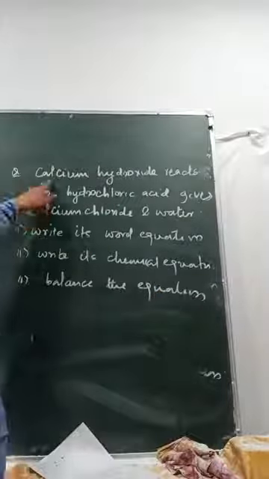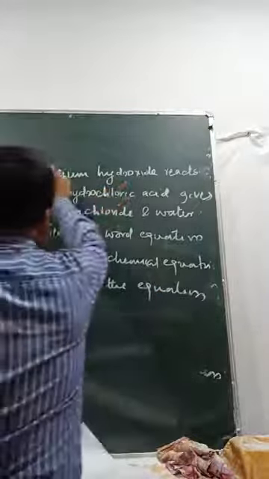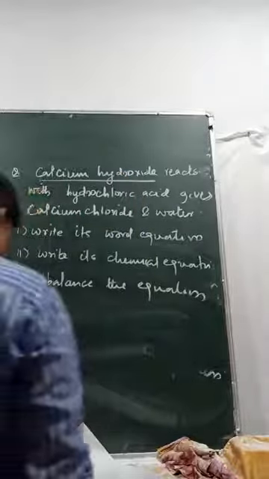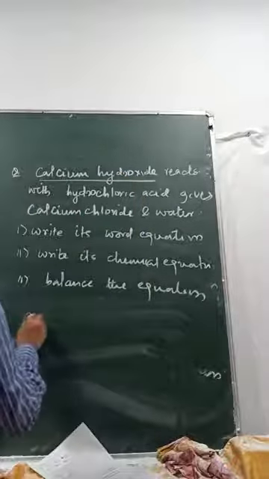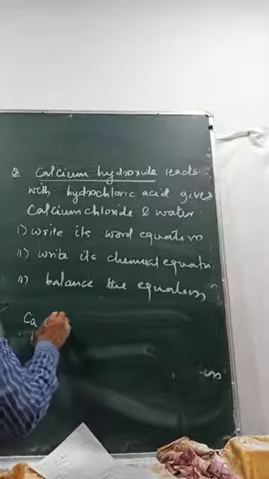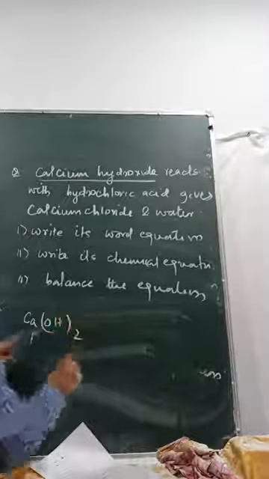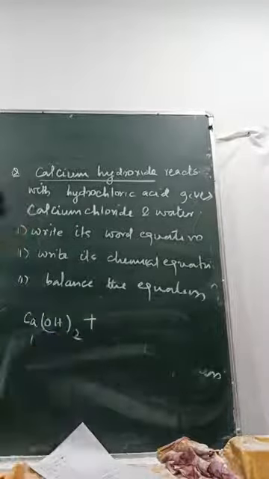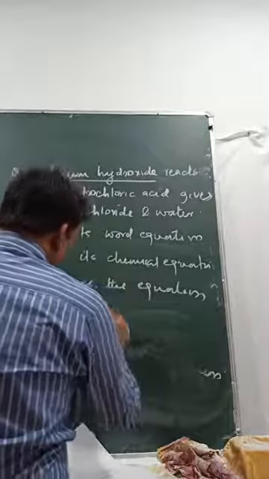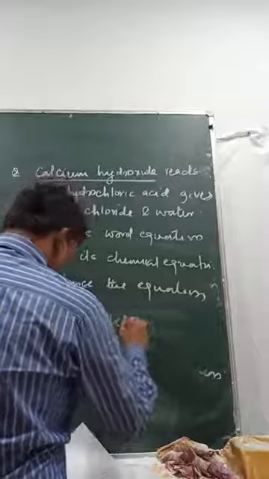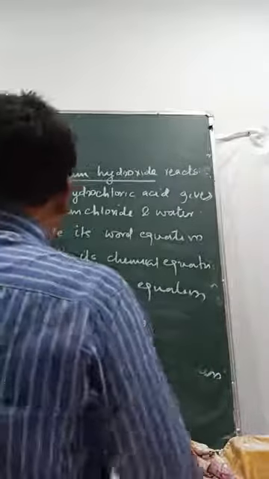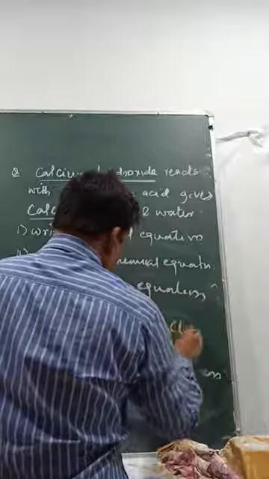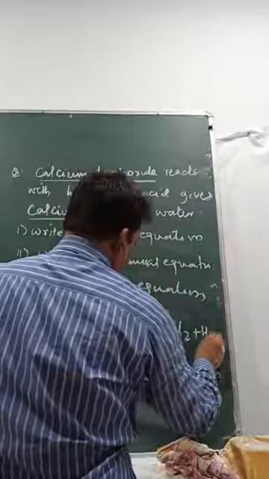Calcium hydroxide, how to write this formula? I will be teaching in the next class. For the time being, I am writing here calcium Ca, hydroxide OH twice, Ca(OH)2. Why 2, we will discuss later on, not now. Plus hydrochloric acid HCl gives you calcium chloride, CaCl2, plus H2O.